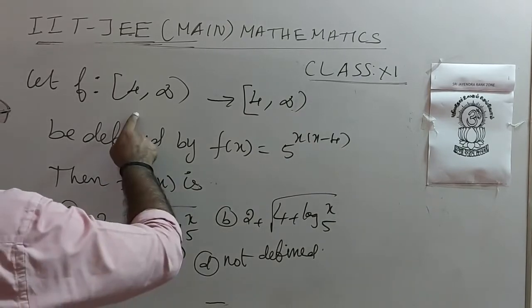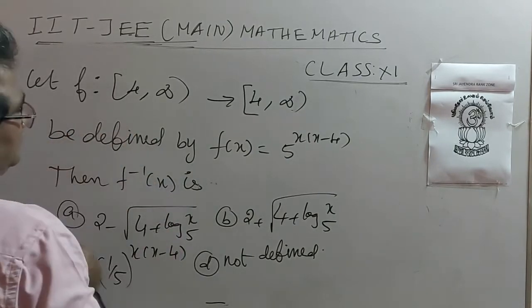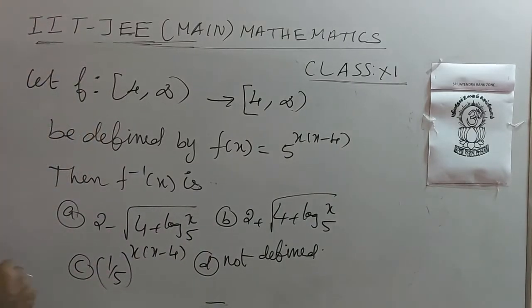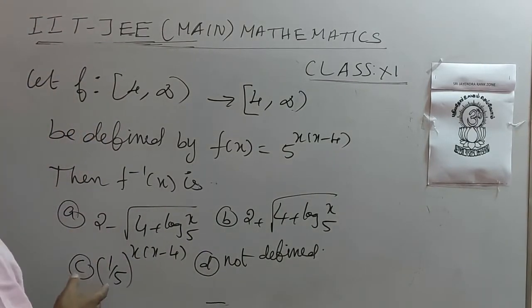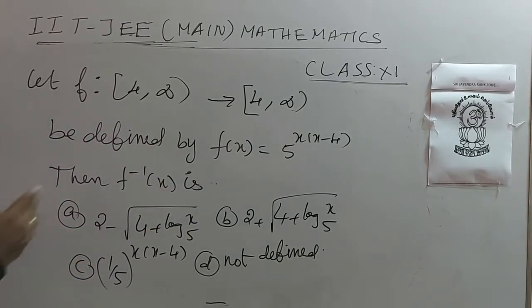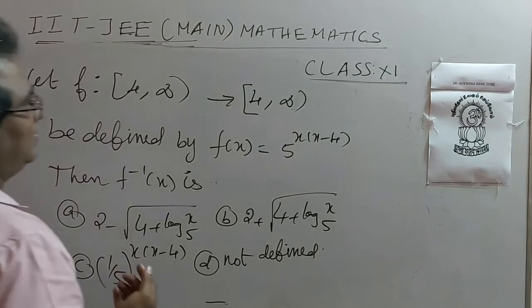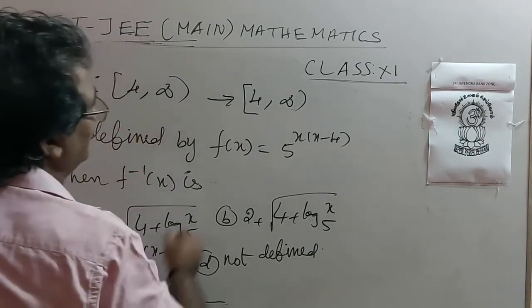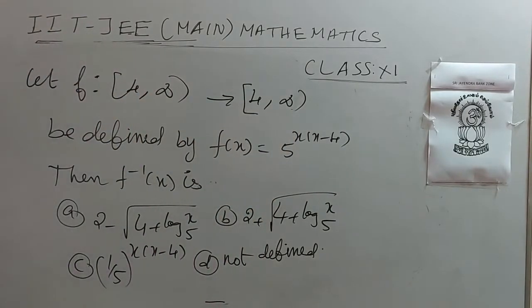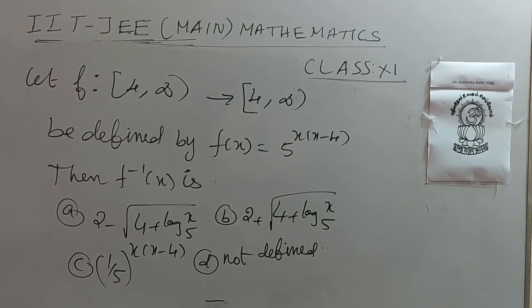If you apply x equal to 4, you get 4 minus 4, that is 0. For every x, if you take two different values, the images will be different. As well, for every element in [4, infinity), we can find the pre-image. Therefore, it is one-one and onto, a bijection. Therefore, the inverse exists.